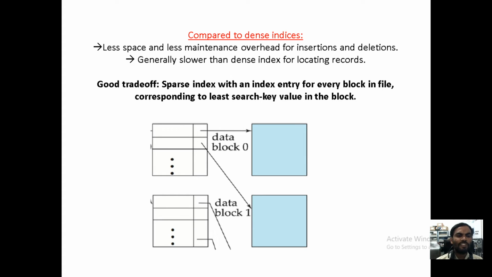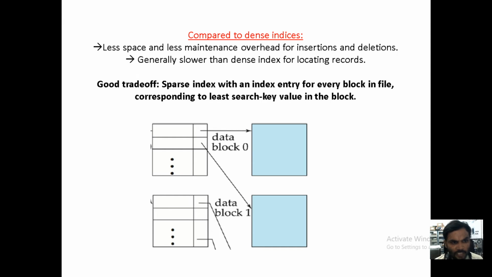Sparse is slower than the dense index for locating the records.